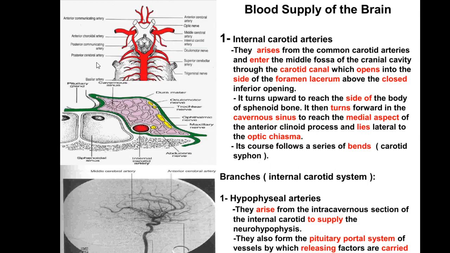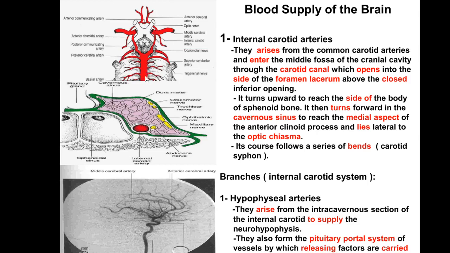Here, in this diagram, you can see the internal carotid artery lying lateral to the optic chiasma, terminating here by dividing into anterior cerebral and middle cerebral. The two anterior cerebral arteries communicate anteriorly here with the anterior communicating branch.